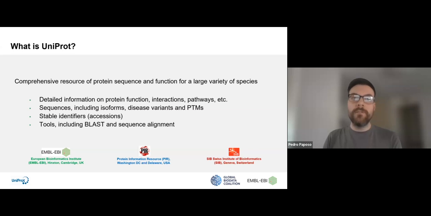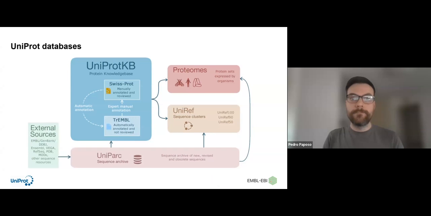We provide a plethora of information ranging from protein function, catalytic activity, gene ontology terms, pathways, subcellular location, etc. We also provide sequences alongside stable identifiers. So besides protein information, we have also integrated some tools to ease your analysis when you are on our website.